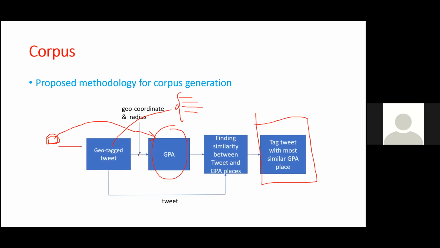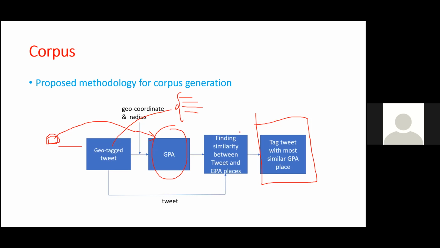So this guy was actually at 4040 club. Another example: "about to smash at White Rose system." We check whether there is a White Rose system around this coordinate using the GPA, and if it is there, then this tweet is not fake.